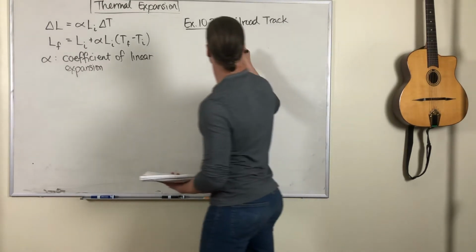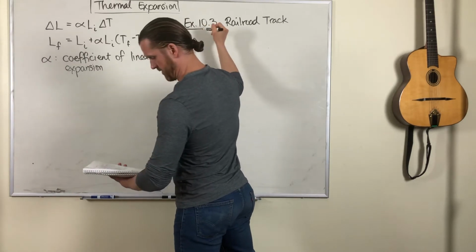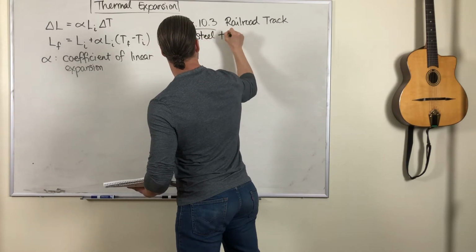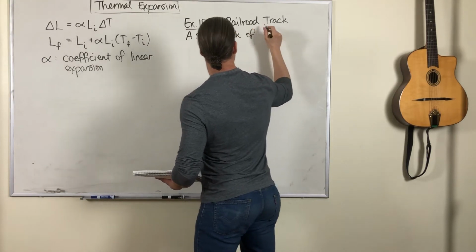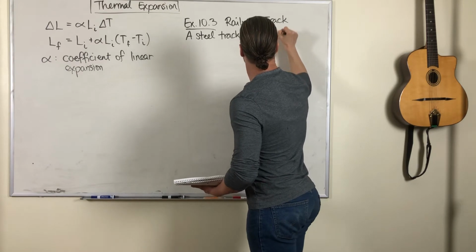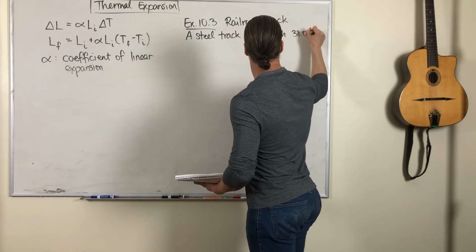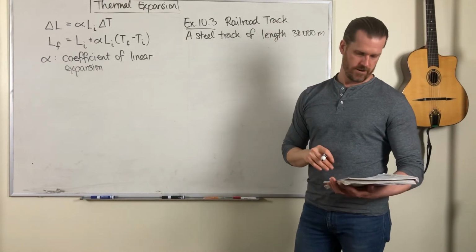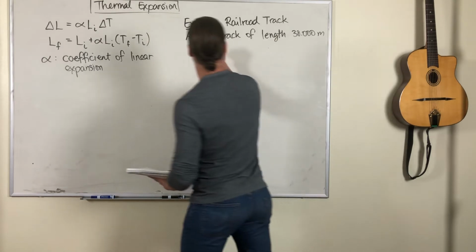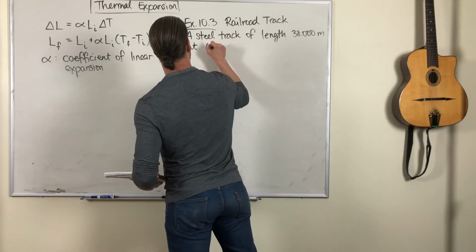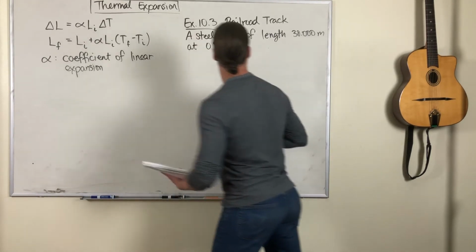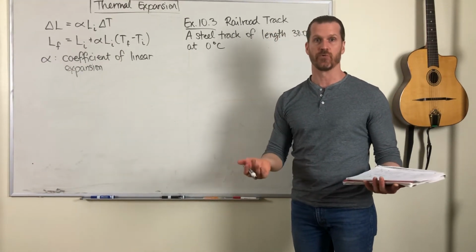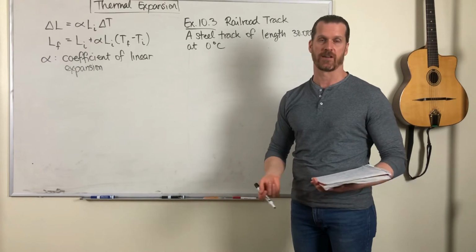And it says that we have a steel track of length 30 meters at 0 degrees C. So that's maybe on a cold day, you measure this length of railroad track at 30 meters.